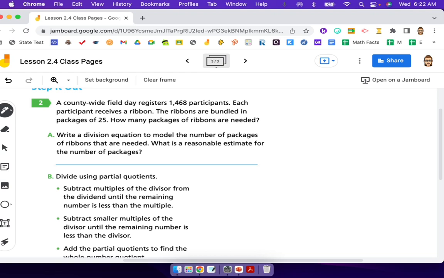Well, we would have 1,460 divided by 25 equals P. And then if we're going to estimate that, we could take this to 1,500 divided by 25.